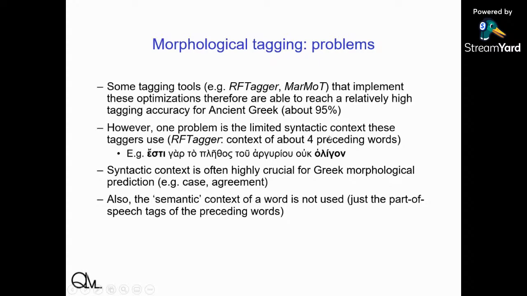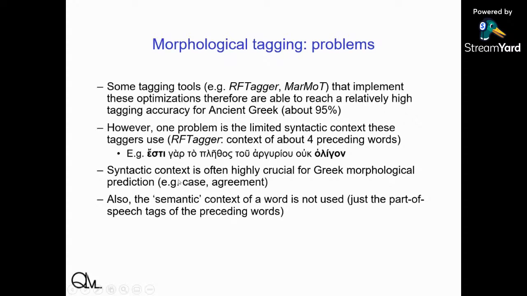We can use a larger context, but then it doesn't become obvious that the 7th preceding word, est, is relevant for the automatic analysis of oligon. In general, the syntactic context is often highly important for Greek morphological prediction.